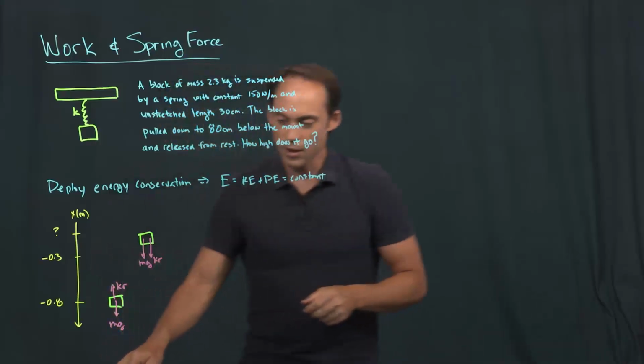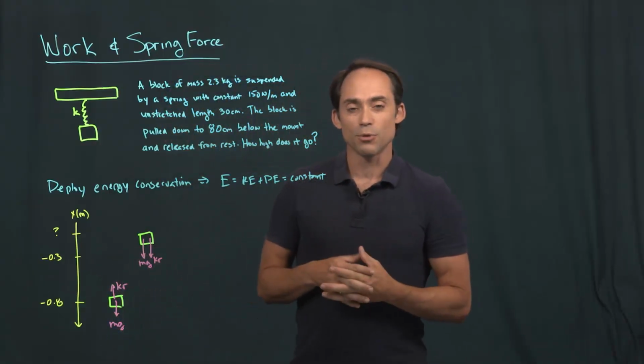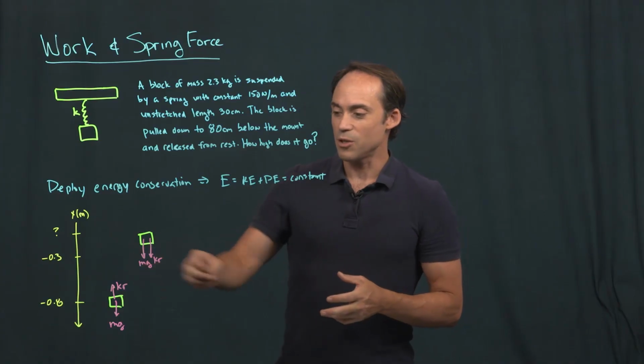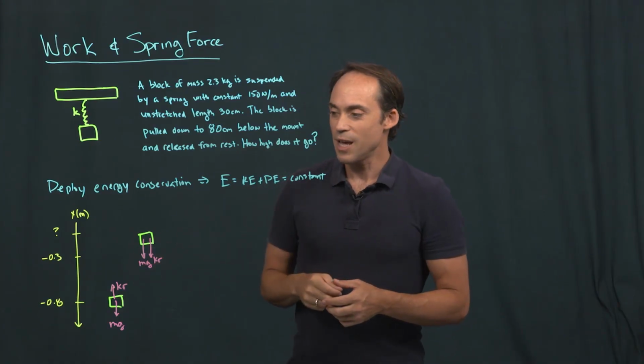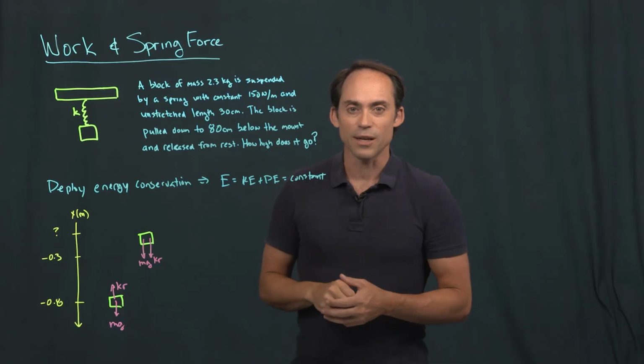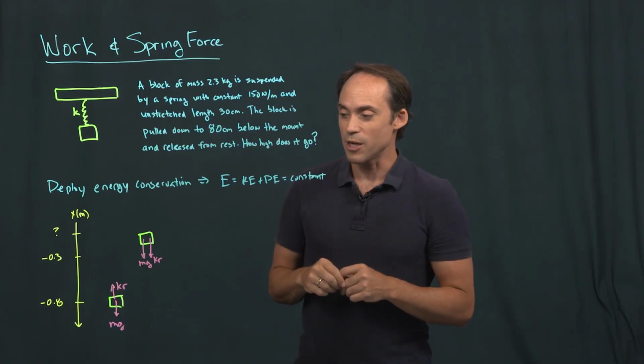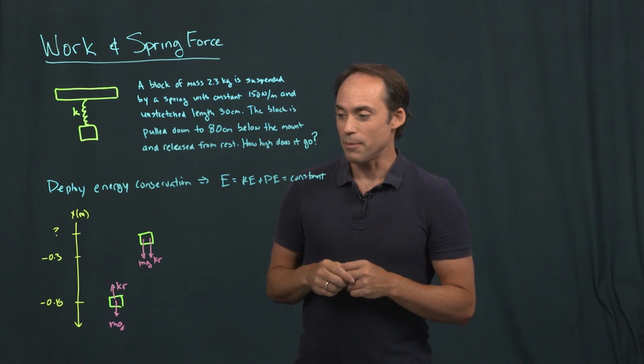So you can see that if we took this approach from a pure mechanics problem, we'd have to take into consideration this change in force as it moves past the 0.3 meters, the unstretched length of the spring, and that could be a somewhat complicated problem.